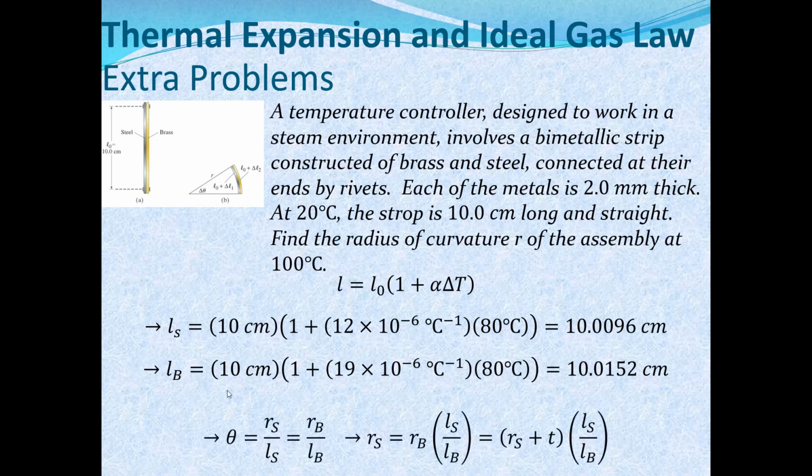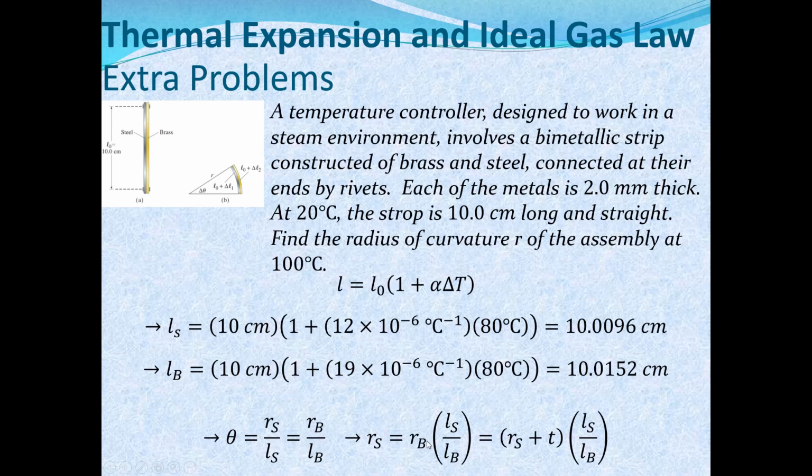All right. So what we're going to do is use this equation, which relates the angle in radians with the radius and the arc length. So what we have here is the ratio of the radius of the inner part of the steel beam over the length of that steel beam is equal to the ratio of the inner brass radius divided by the brass length.